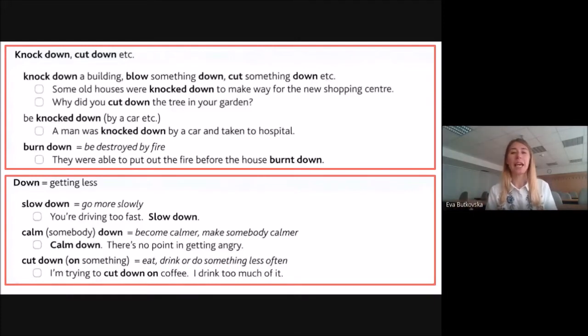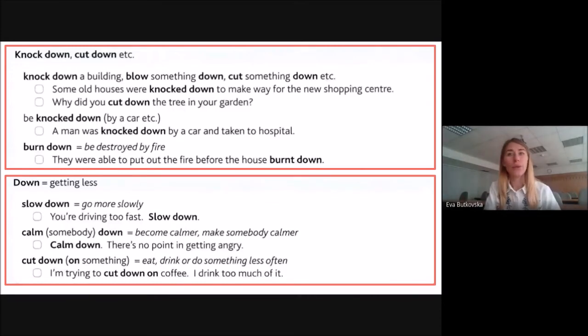So if I say I'm trying to cut down on coffee, I drink too much of it, I'm trying to drink less coffee. Or if you want to lose weight, you need to cut down on sugars, for example. So cut down on something. There is another meaning if you just say cut down a tree, but if you use the preposition on, cut down on something, it means to do something less.